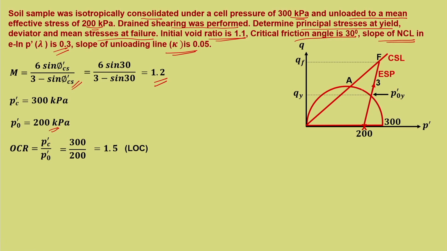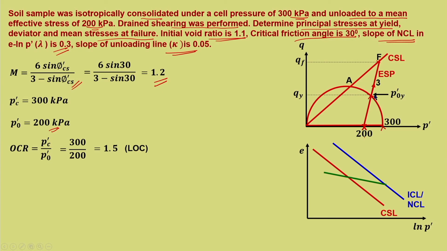So this is the yield curve, the elliptical yield curve for modified cam clay. This is the extreme yield stress or the pre-consolidation pressure 300, unloaded to 200, then it is subjected to drained shearing. The effective stress path fails at point F. This is the point of interest to us because we need to determine the stresses at yield, so this Qy and p naught dash y we need to determine.